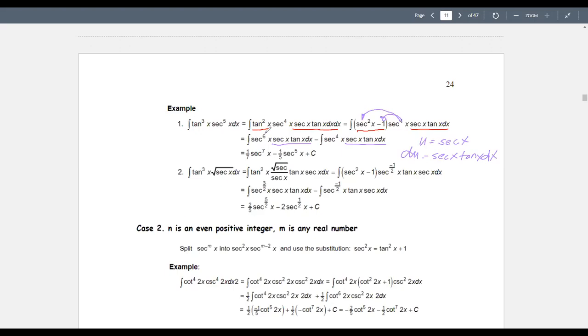So the purpose of this is to be the derivative of your u. You use the power rule on the secant function. So secant to the 7th of x divided by 7, and secant to the 5th of x divided by 5, negative, plus c. Do you get it? So take away one tangent and one secant.